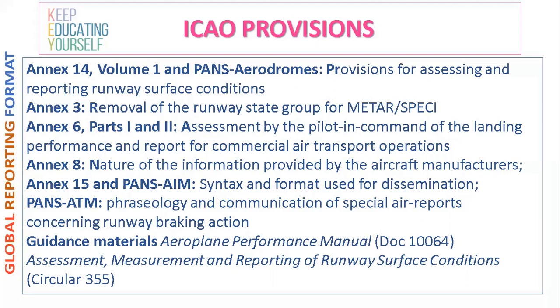Then Annex 6, Part 1 and Part 2. Annex 6 is about operations of aircraft. Chapter 4: the pilot in command shall report the runway braking action, special air report, when the runway braking action encountered is not as good as reported. So this is one change. The other change is Para 4.4.11, aeroplane operating procedure for landing performance.